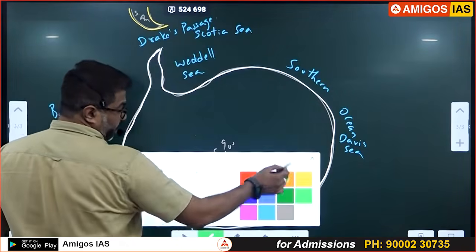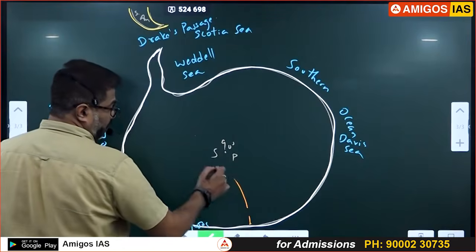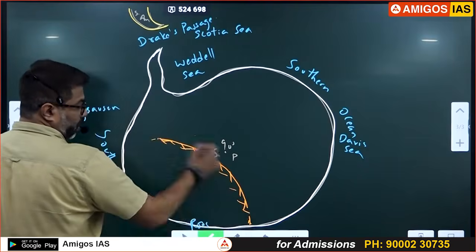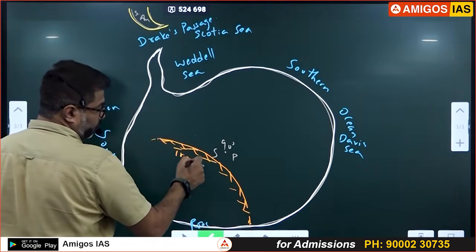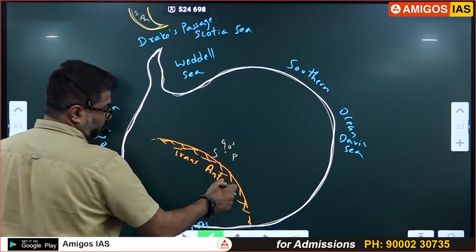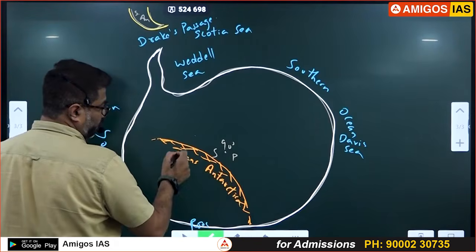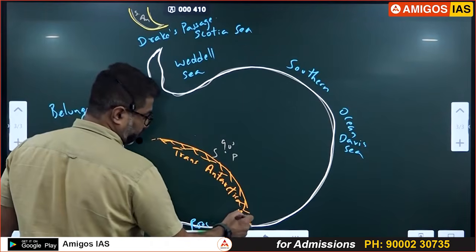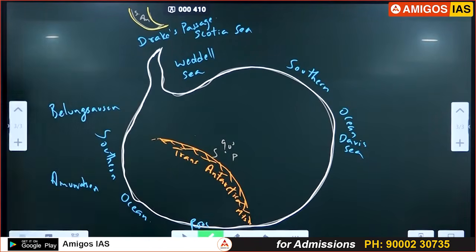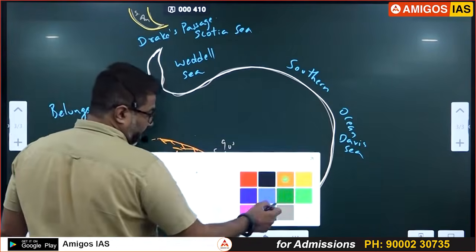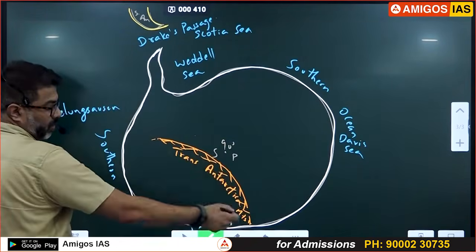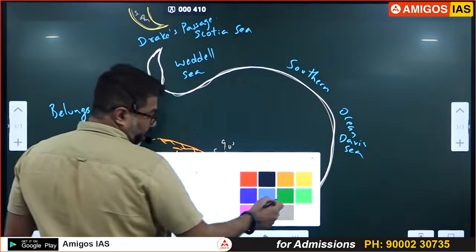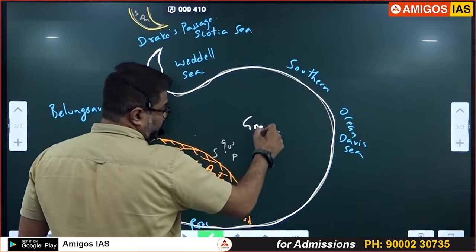And in Antarctica you can see here, this is the mountain range here, Trans-Antarctic mountains. Okay, this mountain range divides Antarctica into two parts.